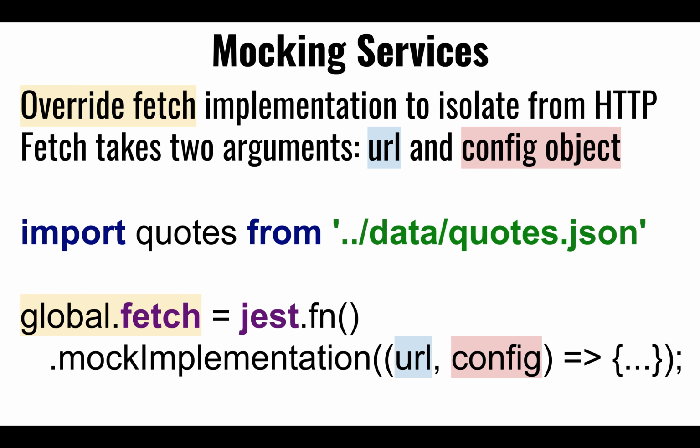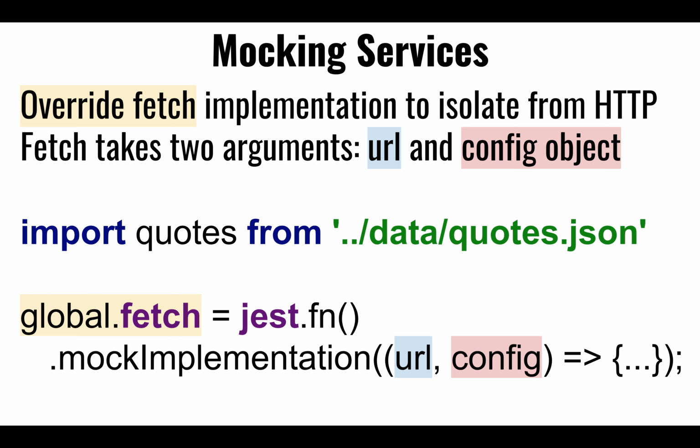What we did basically was override globally the definition of the fetch function, meaning that we're still going to be using the same file, the same service implementation, but we're going to intercept every query to the fetch function, right?